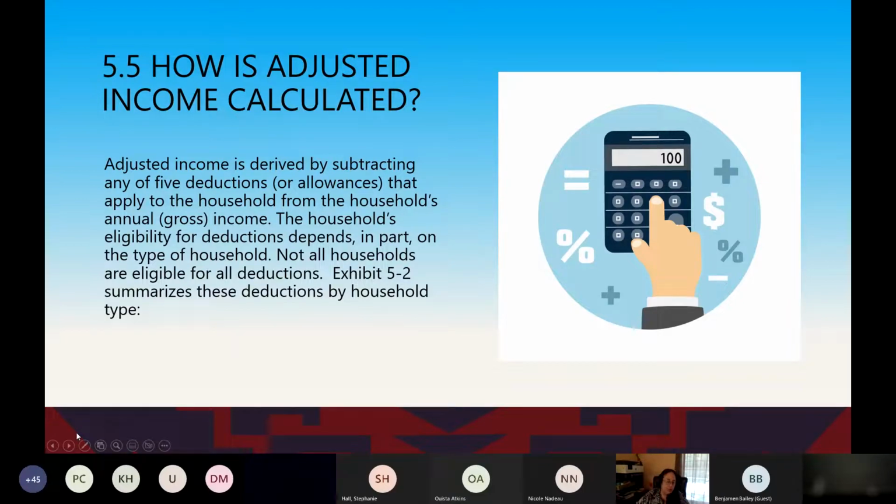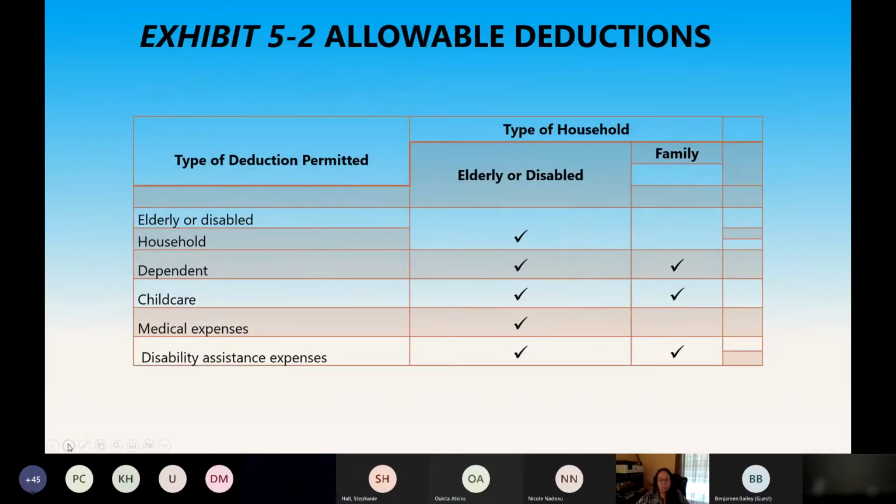Exhibit 5.2 summarizes these deductions by household type. So, if you had an elderly and disabled household, you would be qualified for every deduction. If you just qualify as a family, you would get the dependent deduction, childcare deduction, and disability expense deduction, but you would not get to deduct the medical expenses.